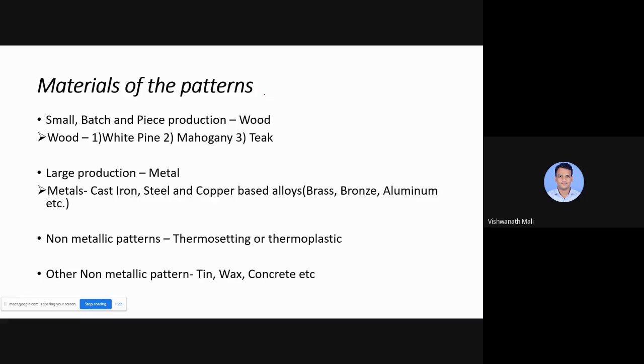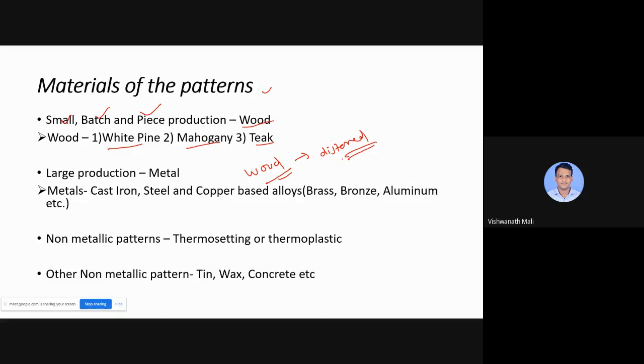Then we have studied the materials of the pattern, which materials we use to manufacture the pattern. It depends on the type of production. If there is a small batch or piece production, meaning one single production, then we prefer wood as a material. In wood, we can use white pine, mahogany, and teak. These are the options available in wood material. If there is large production, what happens when we use wood? The wood's dimensions get distorted due to the continuous use of the wood pattern.